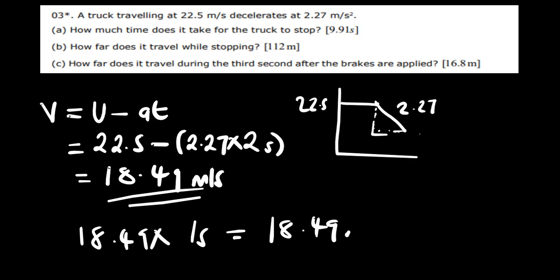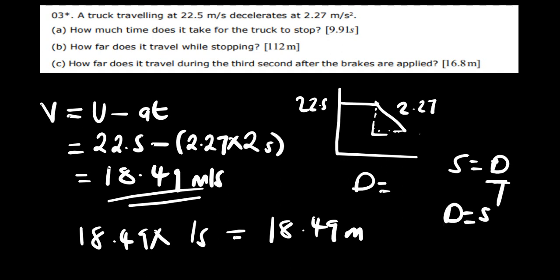18.49 meters. Because you remember that speed is equal to distance over time, so distance will be equal to speed times time. The speed we found was 18.49 meters per second.